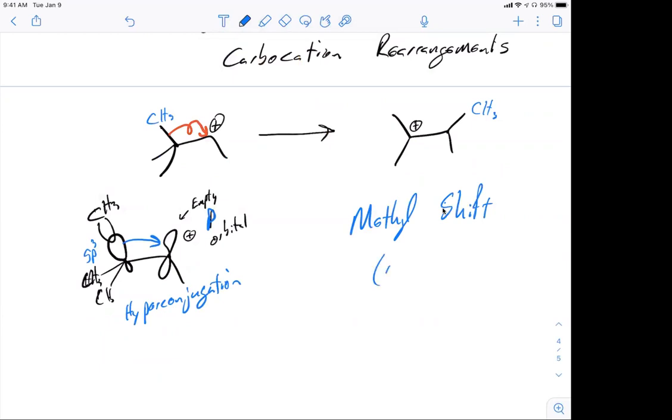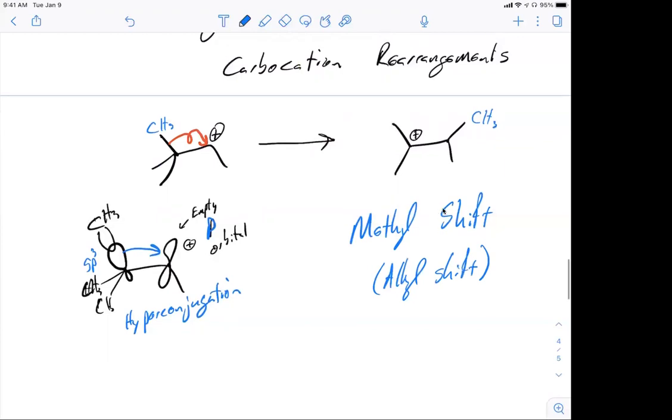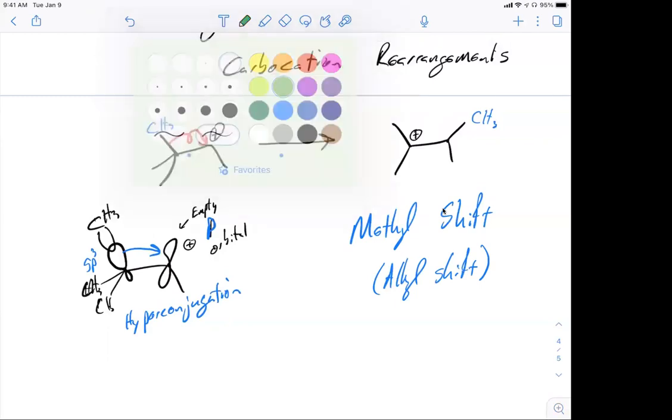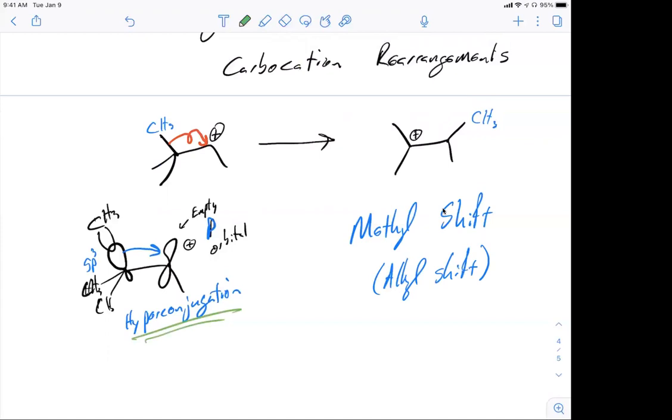It can also be an alkyl shift if it's not a methyl. In this case, it's a methyl, so it's a methyl shift. If it had been several carbons, you could think about it as an alkyl shift. Now, why does this happen? It can happen because of the hyperconjugation. It will happen if I go from a lower stability to a higher stability carbocation.